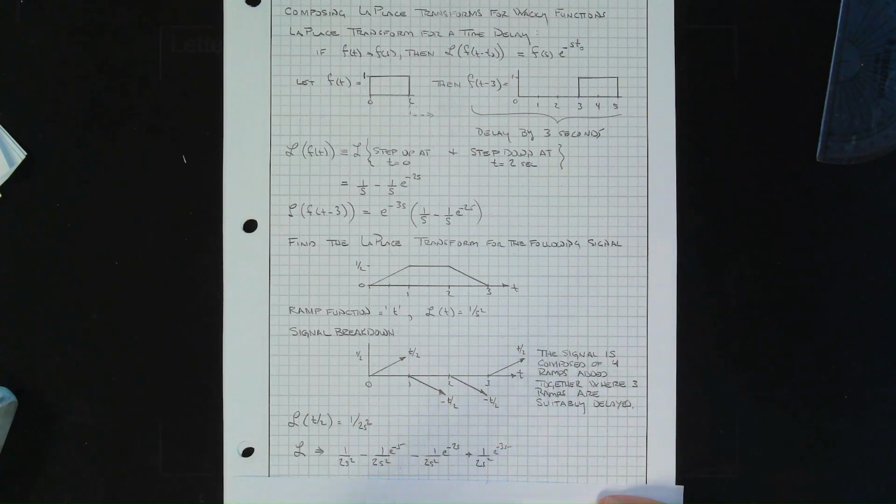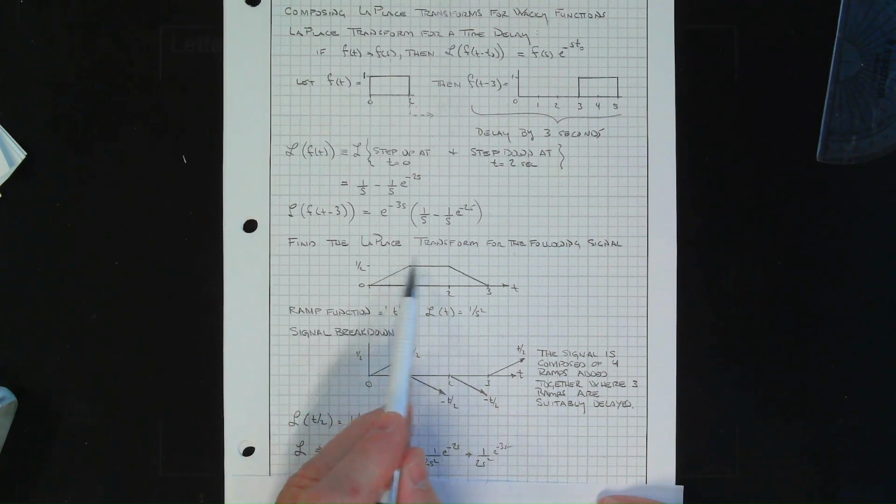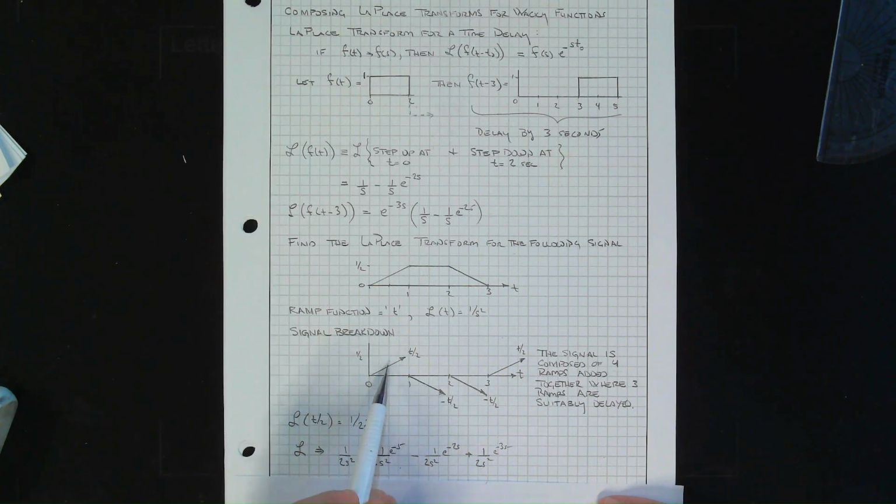That levels them all off, and I get that signal. Not hard to do. The key to doing this is just take the time to make up the signal you want using various functions that go on forever, and they would start at, say, 0, and you just delay them out to where you want them to happen to add up to give you what you have here.